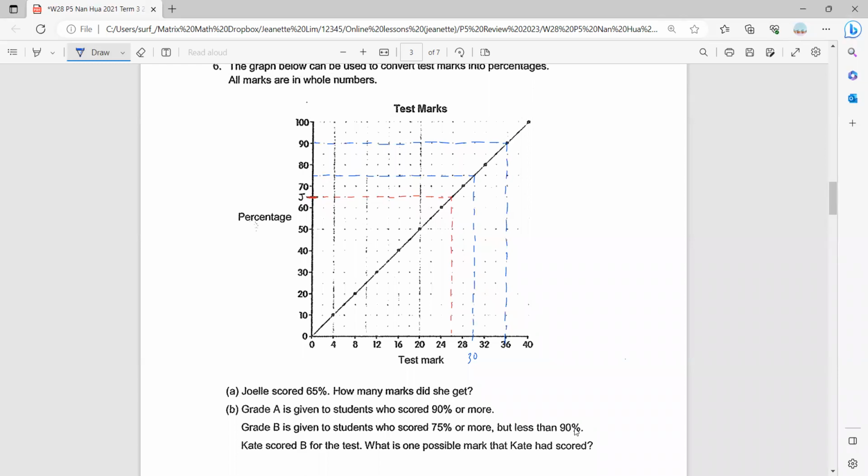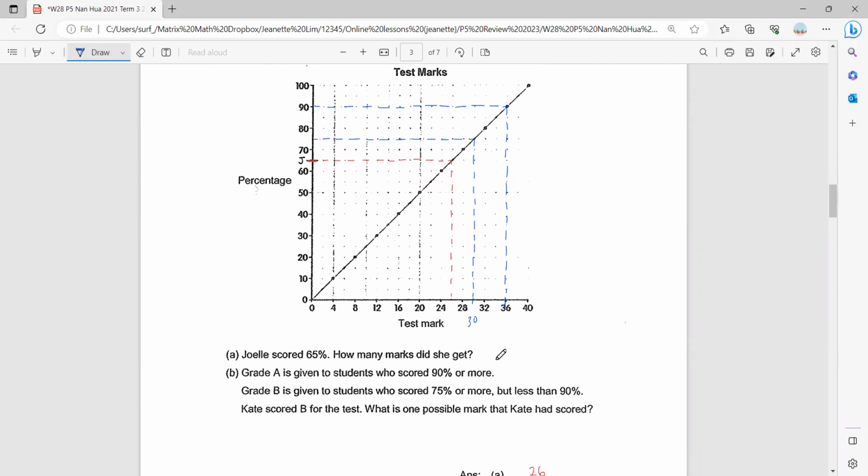Okay, so if you score 90%, you're going to get A. So she's not going to score 36. She's going to score less than that. But you can include 30. So it's 30 all the way to 35. So for B, the range is 30 to 35.